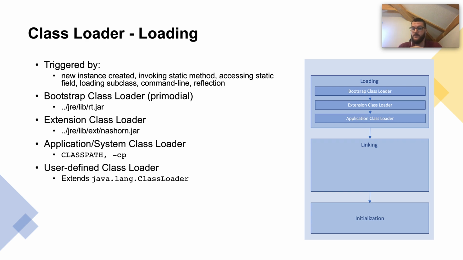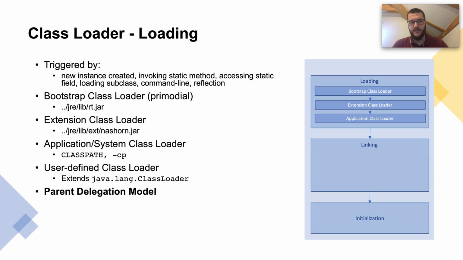We can, for example, load them from the database, or grab them over the network, or when we simply need some specific way of loading classes. They are commonly used in some core server implementations. For example, Tomcat uses its own specific class loader. Vert.x, I believe, also has something similar going on.